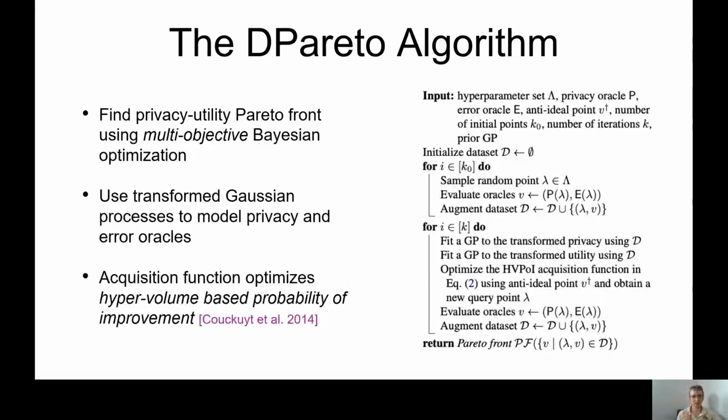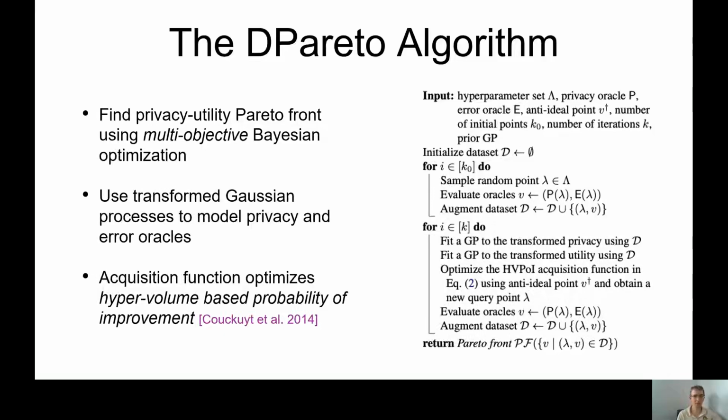And that is that small technical thing I mentioned at the beginning. We use error instead of accuracy because then we are able to minimize both objectives. So in the multi-dimensional case, obviously there is no single minimum. There's just the Pareto front of trade-offs, and this is what we would like to find.